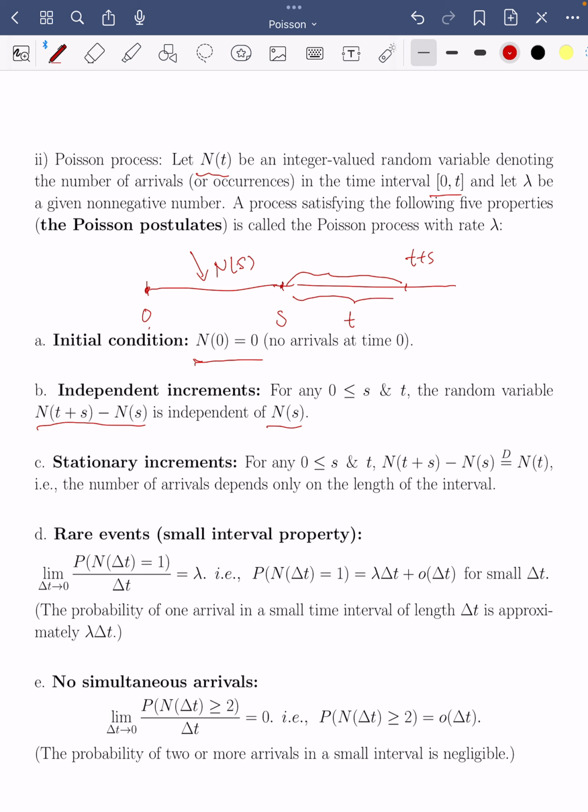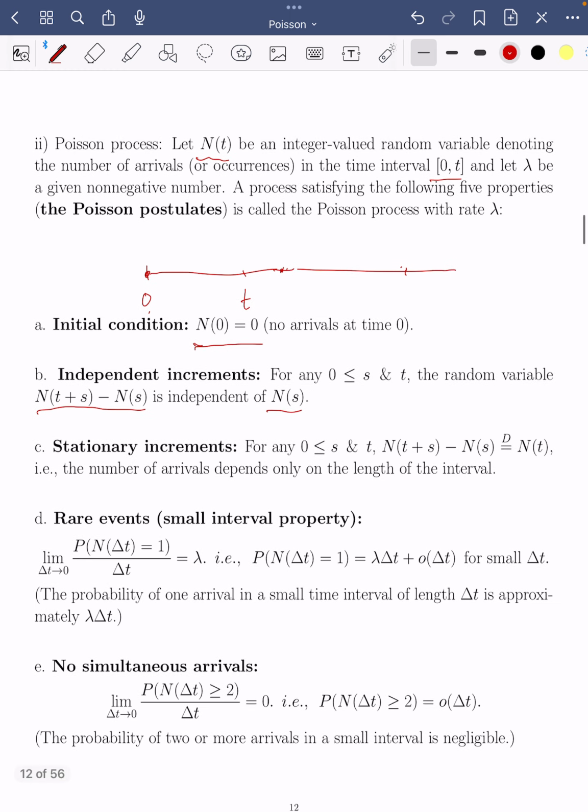The third one is the stationary increments. Let me redraw the picture. We have this t here, N(t) is here, and then we have s here, and this point is t plus s.